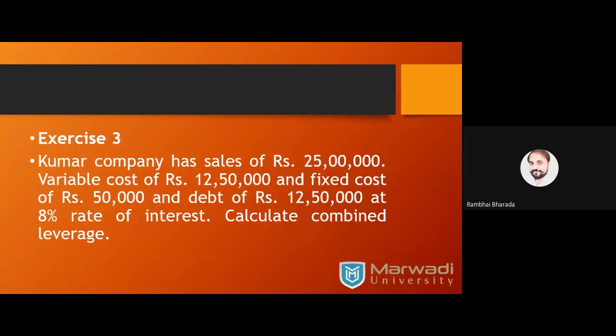We have a company called Kumar. The company has sales of rupees 25 lakhs. Variable cost is rupees 12 lakh 50,000.